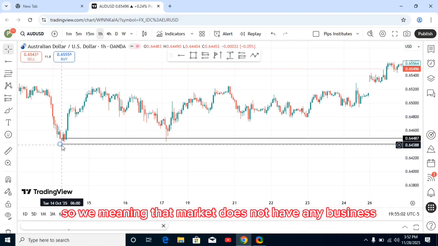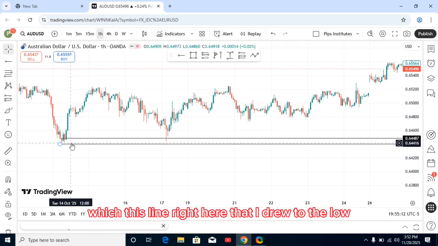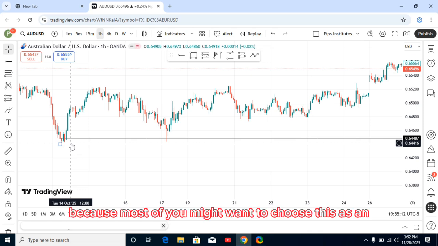So the market does not have any business coming back down to the low of this candle, the line that I drew. It does not have any reason to come back and test any other block around this zone, because most of you might want to choose this as the order block.